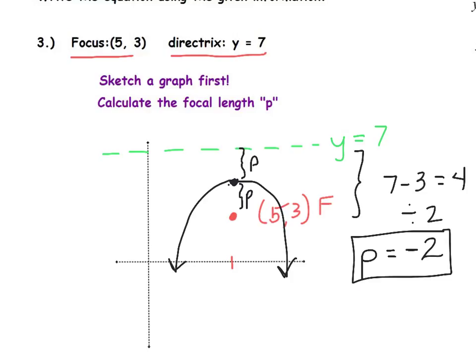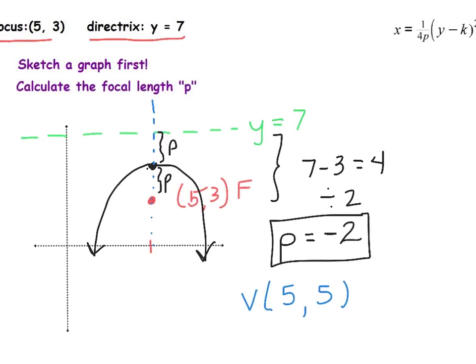To write the equation, we also need the vertex. So the vertex, the first coordinate is 5, because it would be on the same axis of symmetry as the focus. And it's 2 units above the 3, so that would make the vertex at 5, 5.